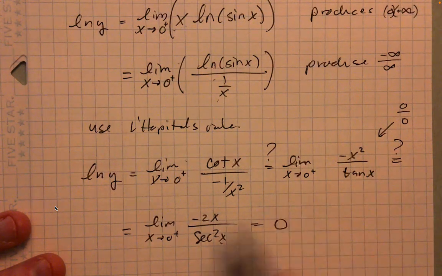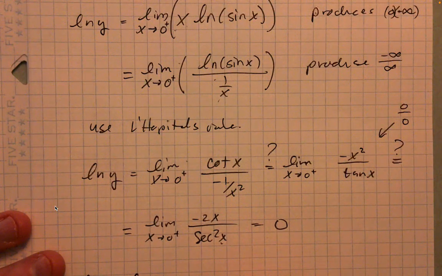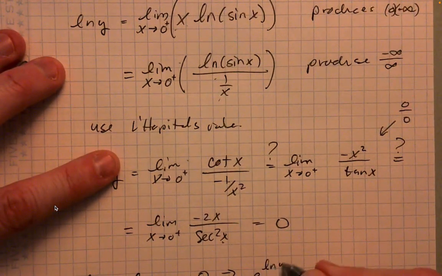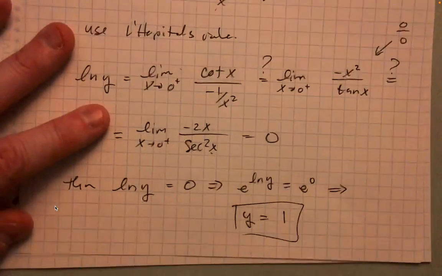Okay, so that means the natural log of y is equal to 0. What does that mean? That implies that e to the ln of y is equal to e to the 0, which implies that y is equal to 1. There you go.